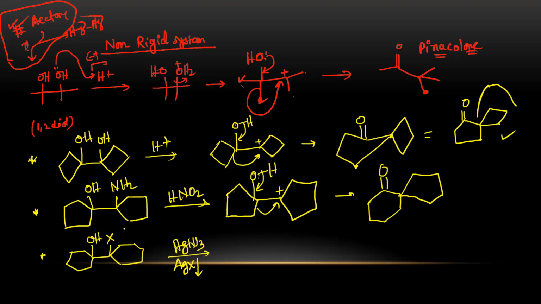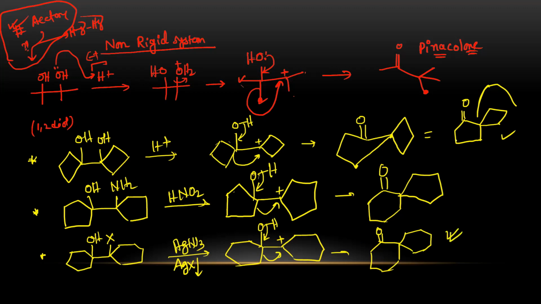When X is removed, a carbocation will be formed, and again OH. Now again bond migration. Then the 6-member ring here will convert to a 7-member ring with double bond O, and here the 6-member ring.